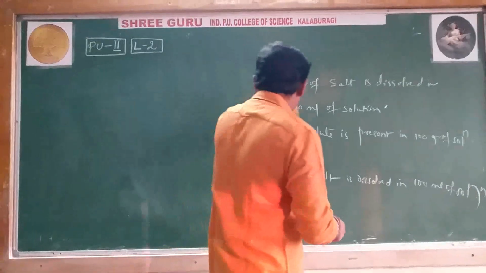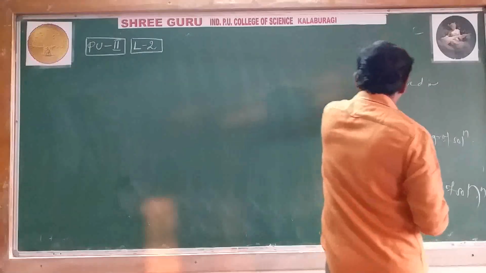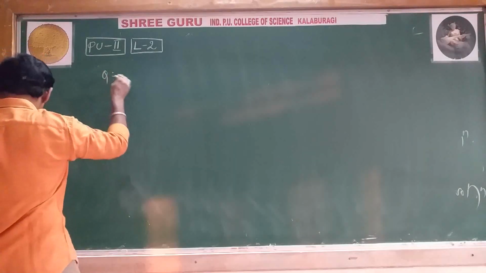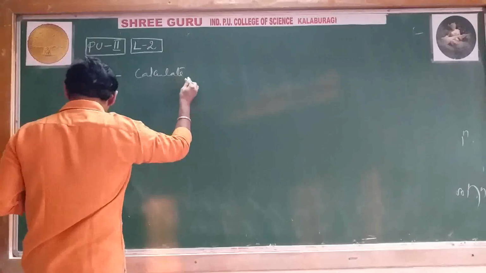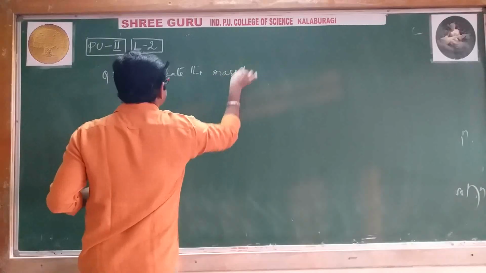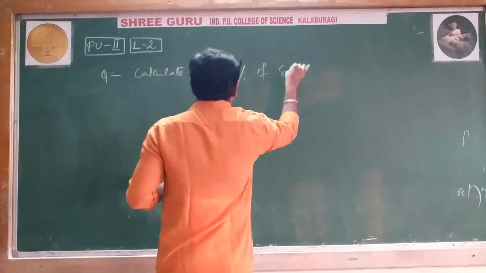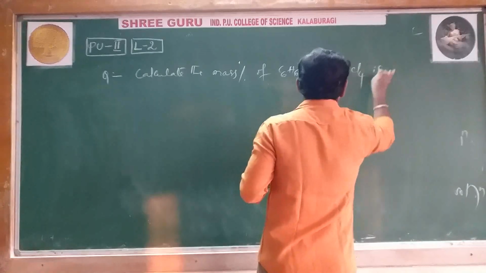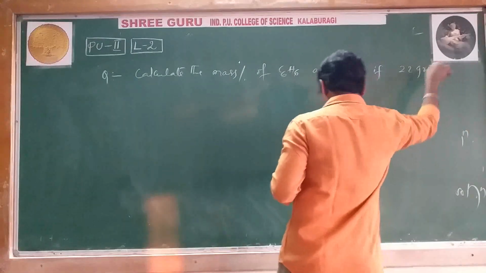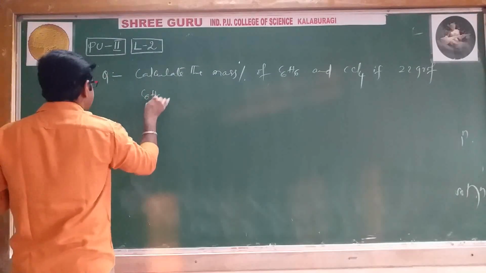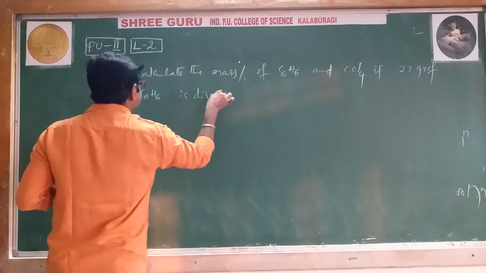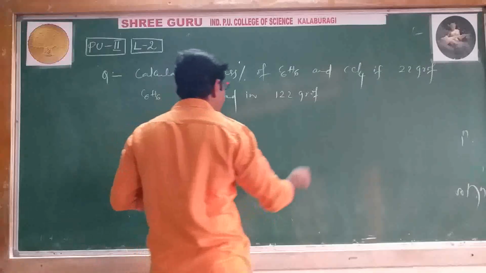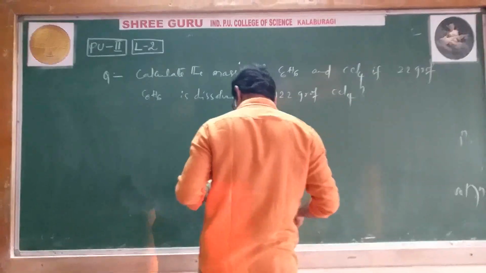The question is: calculate the mass percentage of benzene and carbon tetrachloride if 22 grams of benzene is dissolved in 122 grams of carbon tetrachloride.